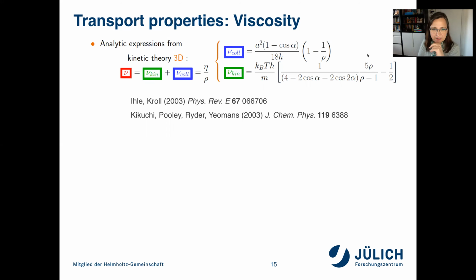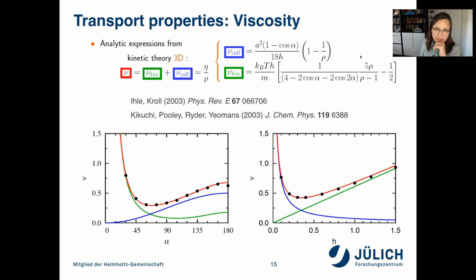The total viscosity will be the sum of the 2. And you see here how the viscosity changes with alpha and with the collision time. What is very nice in this method is that in spite of the approximations that have to be made to calculate this transport of momentum, the results of the simulations agree very well with the analytical expression.